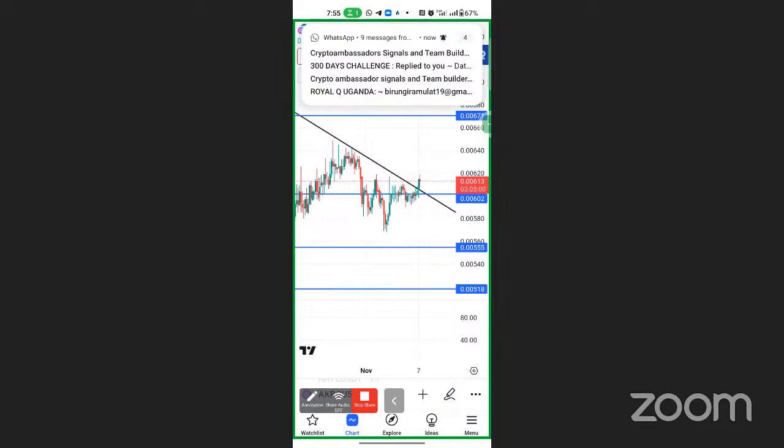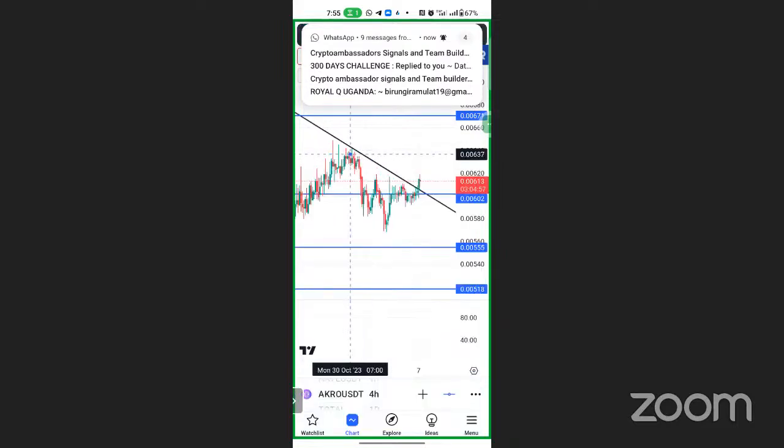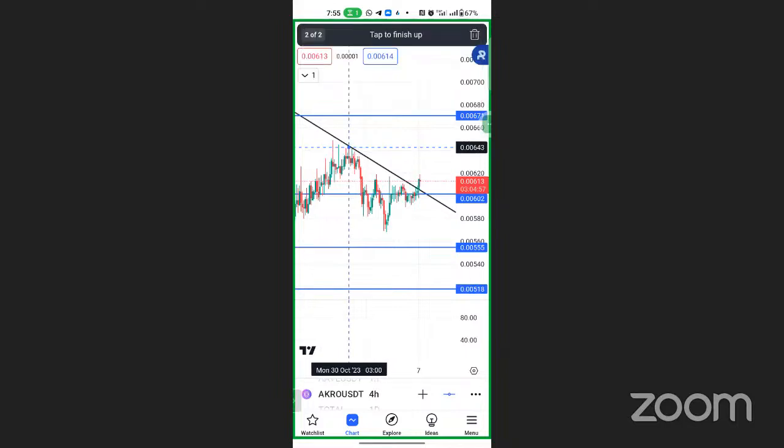From the current price, this is 1.2%, and from here it's 1.5. Someone could trade this. Once this coin forms that test candle and closes above, then expect it to go to a minimum of this area here.